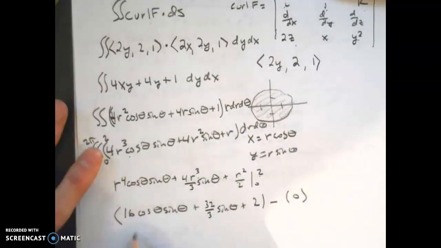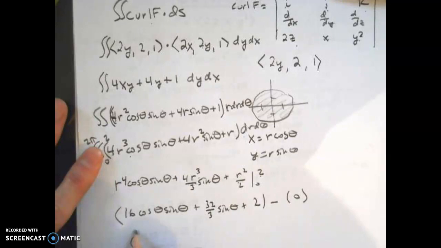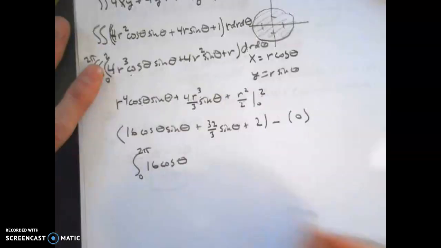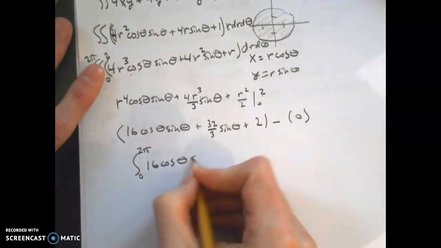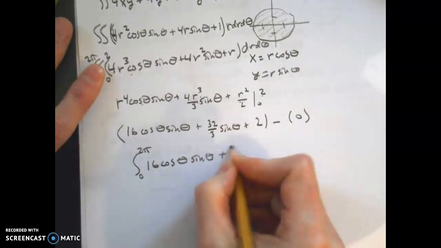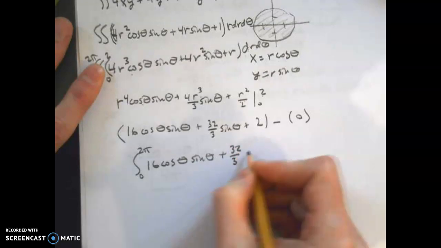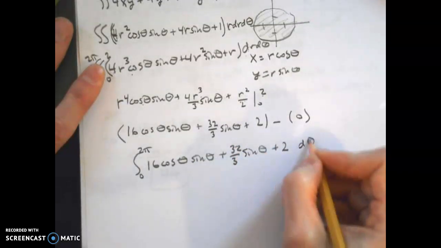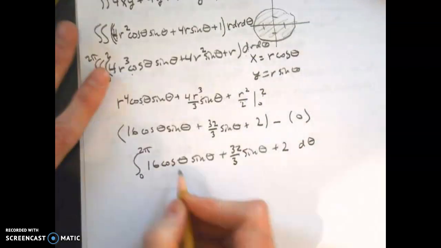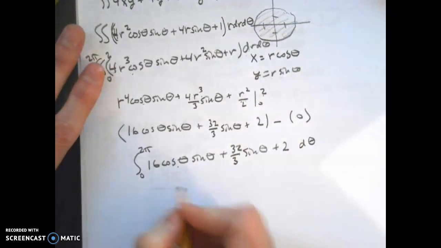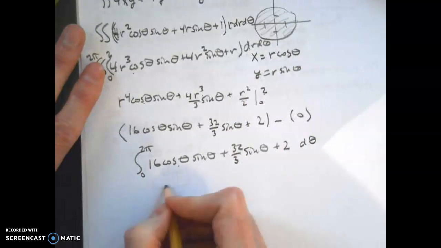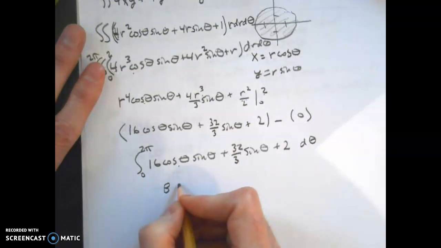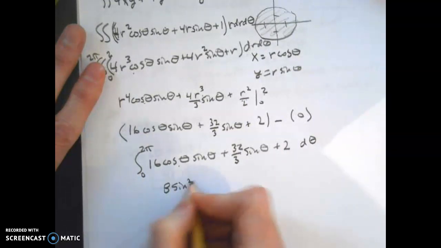Okay, so now we integrate from 0 to 2 pi, 16 cosine theta sine theta plus 32 over 3 sine theta plus 2, d theta. So this becomes 8 sine squared theta.